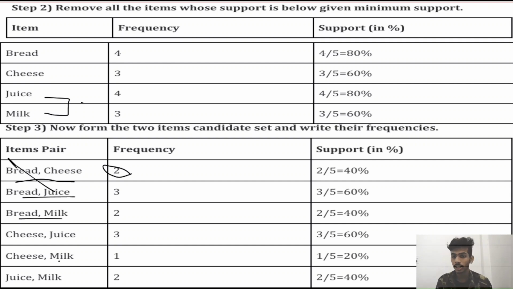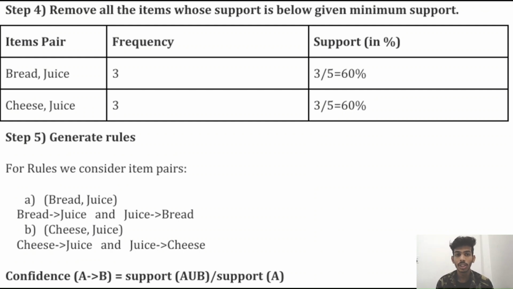Now we again find the support count for all the item pairs: number of occurrences of the item pair upon total number of transactions. 2 upon 5 equal to 40% for bread and cheese, and so on.